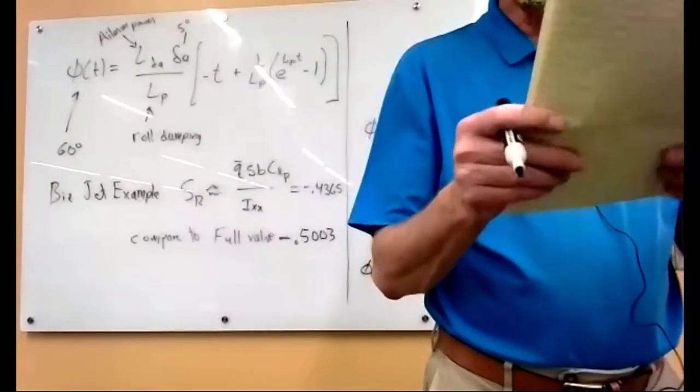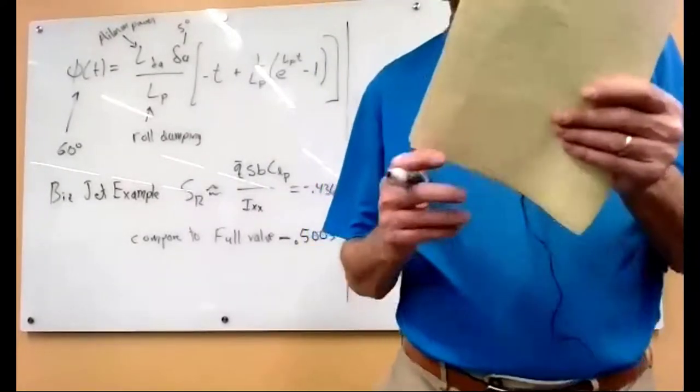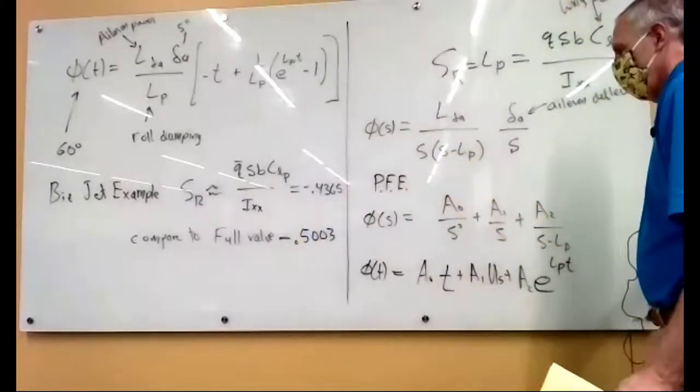All right, last one is the spiral mode. That's another mode that we'd like to be able to approximate.